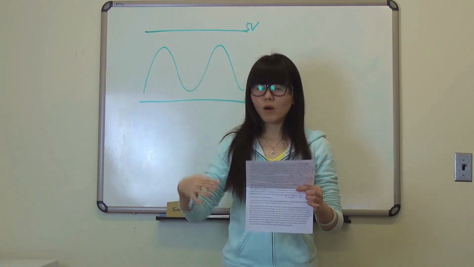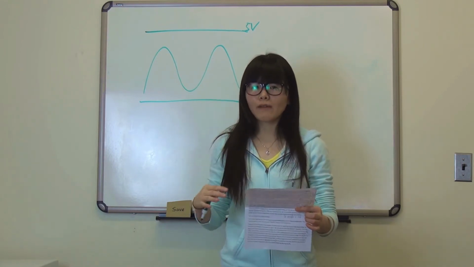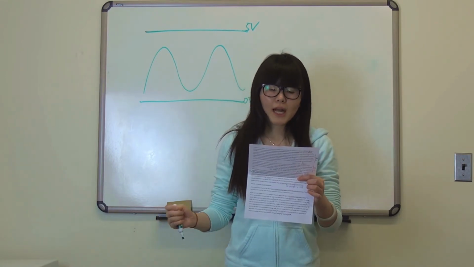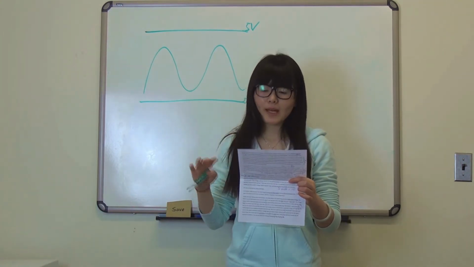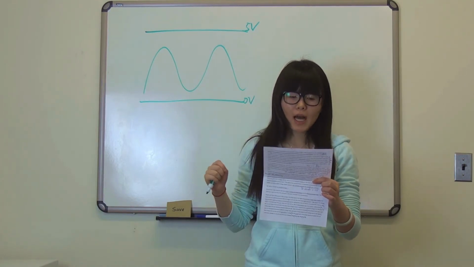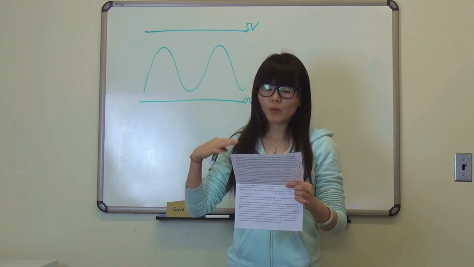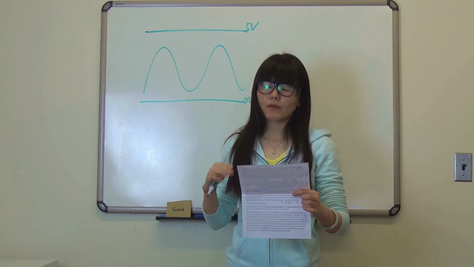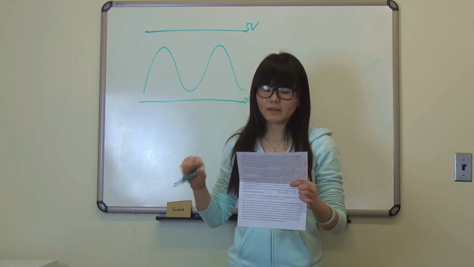When we talk about high or low, we are talking about the logical level in the microcontroller. So let's say we have a 5 volt microcontroller, and we get a 5 volt signal, it will be 1. And if we get a 0 signal, it will be interpreted as 0.